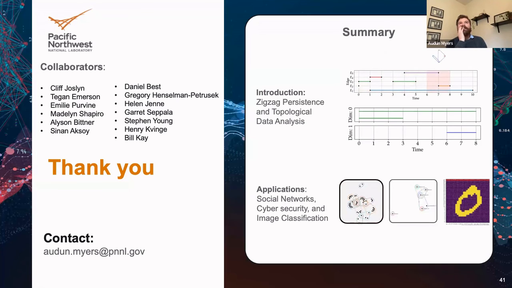I haven't done any work using zigzag persistence with link prediction yet, but that's a great idea. I could definitely see it being done, right? Because thinking from a dynamical systems perspective, you have these barcodes.